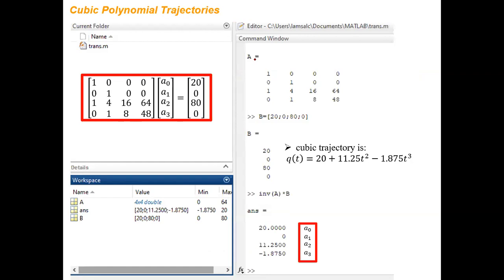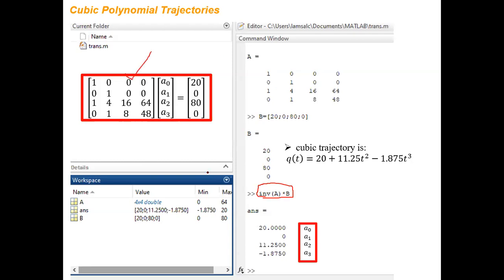It is inverse of A times B. This is matrix multiplication, and any multiplication in MATLAB is denoted by a star. So inverse A times B gives me the solution of this matrix equation.